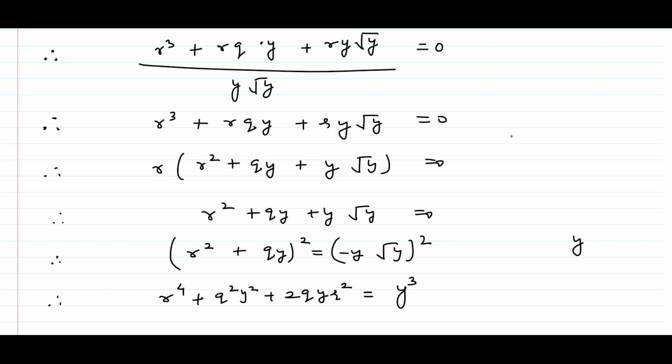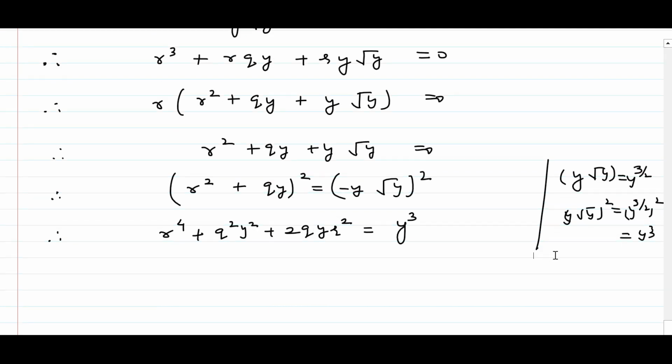We know that y root y is y to the power 3 by 2. So after taking the square, that is y to the power 3 by 2 the whole square, it will give y cube. So that is our rough work.